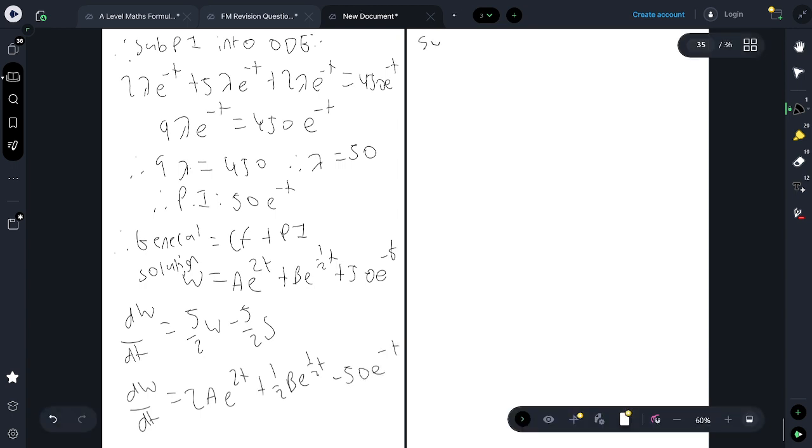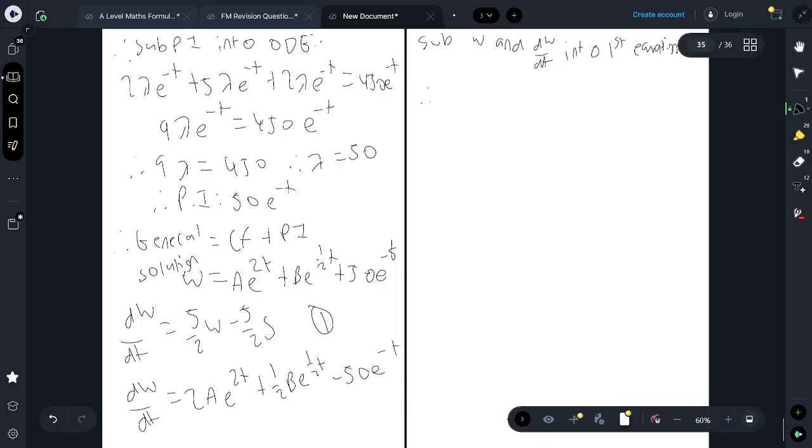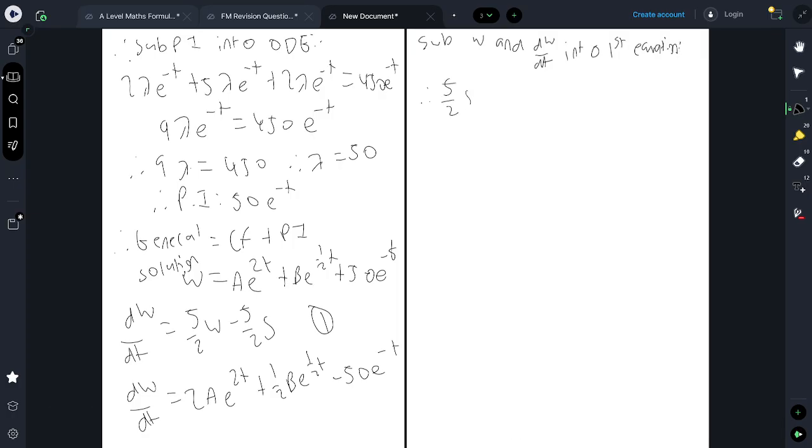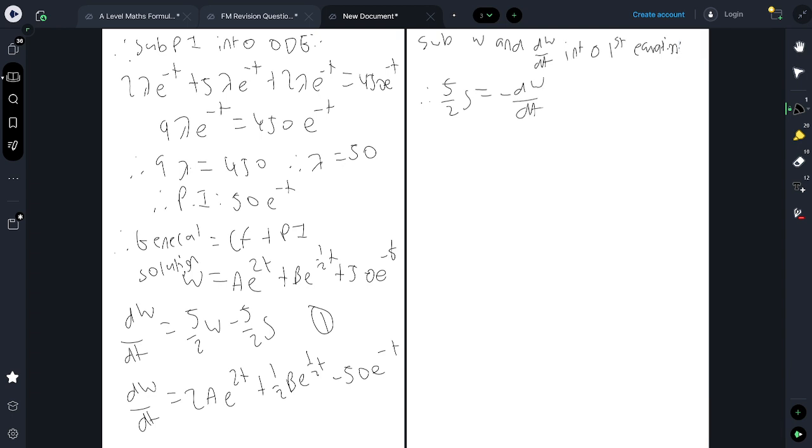So if you sub w and dw into the first equation, you can call it equation 1 if you want to, I think it's good to rearrange for s before we put the numbers in.